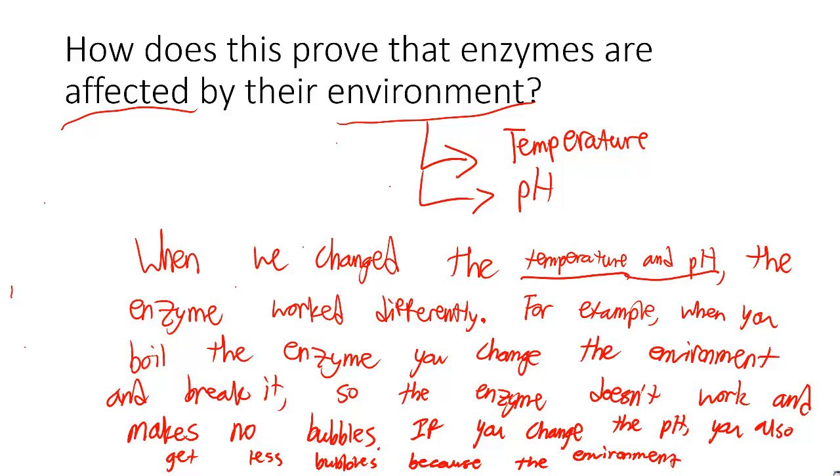The environment is what's around the enzyme, so if we change what's around it by making it an acid or base, it affects the enzyme. If you change the environment, you're going to change how well the enzyme works. So that proves that enzymes are affected by their environment, because when we change the environment, how well the enzyme worked changed.